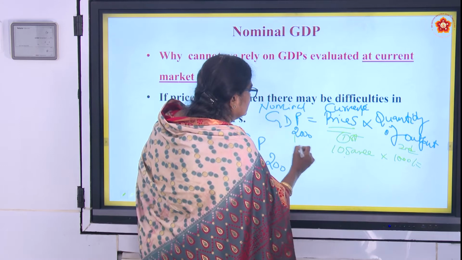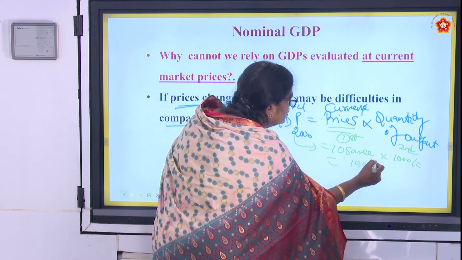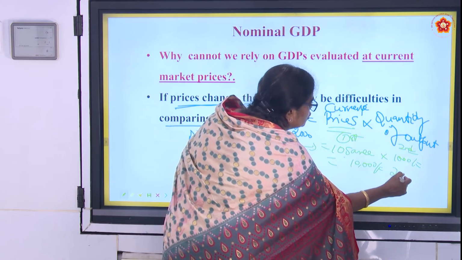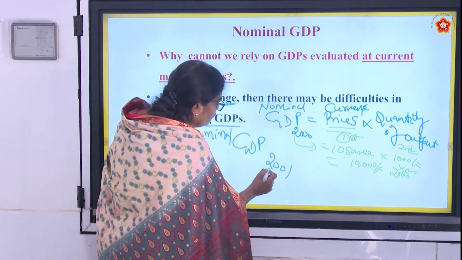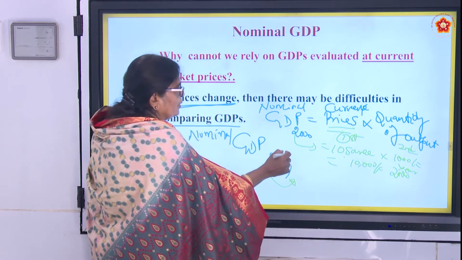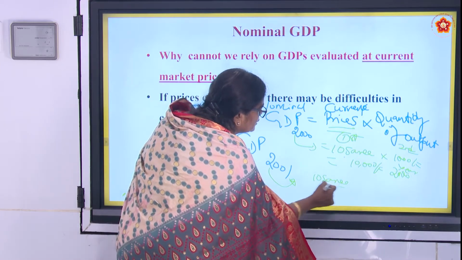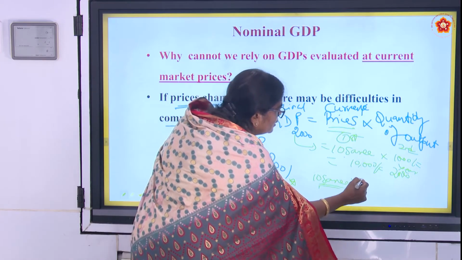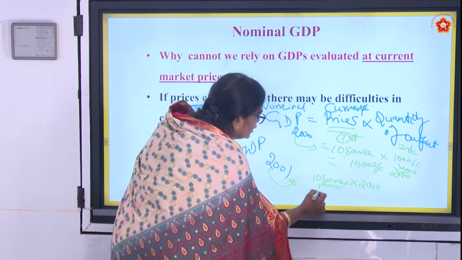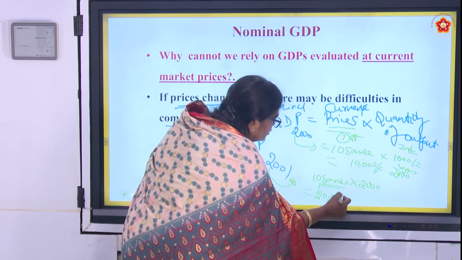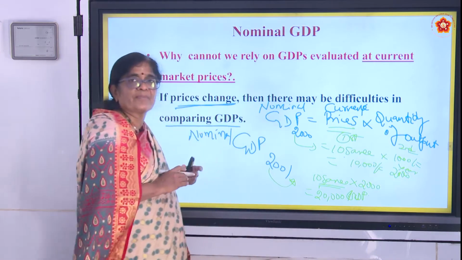In the year 2000, what is the GDP? 10,000 rupees in the year 2000. But in 2001, what will happen? Same 10 sari only, the product didn't change, but the price has gone up to 2000. Now what is the GDP in 2001? 20,000. Why?